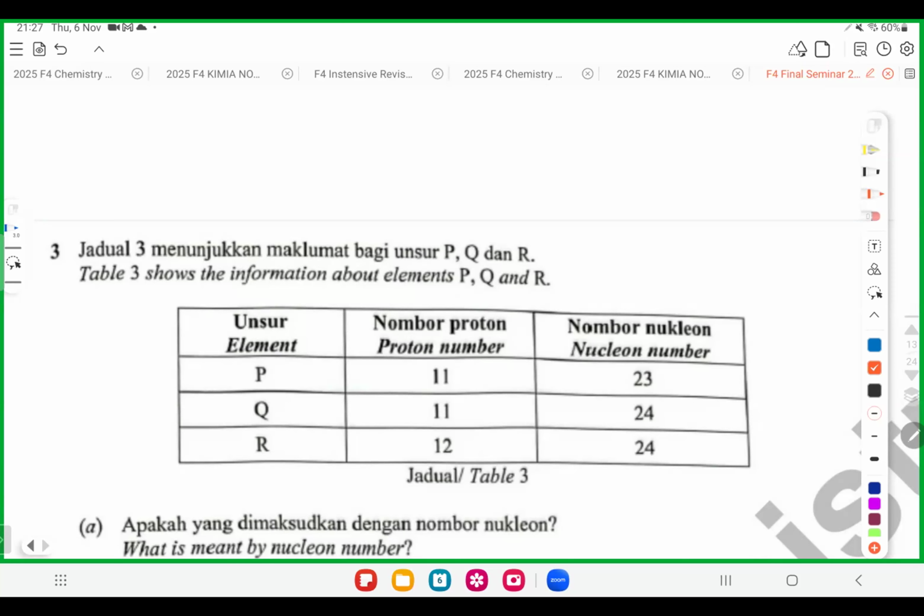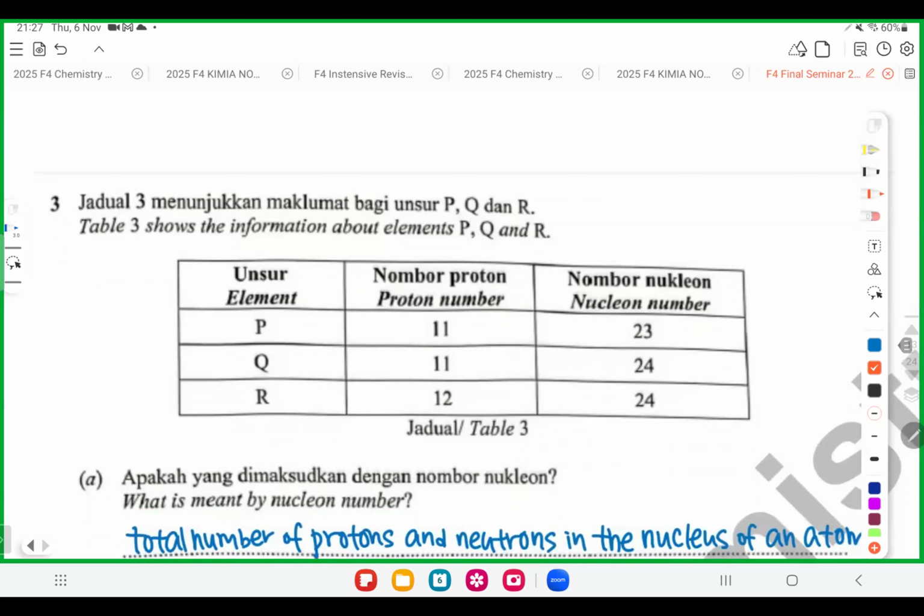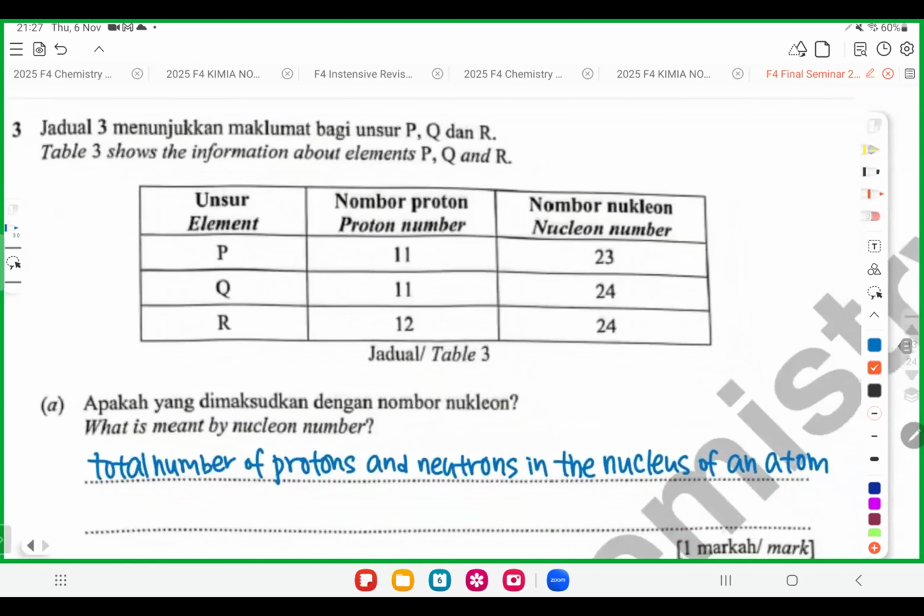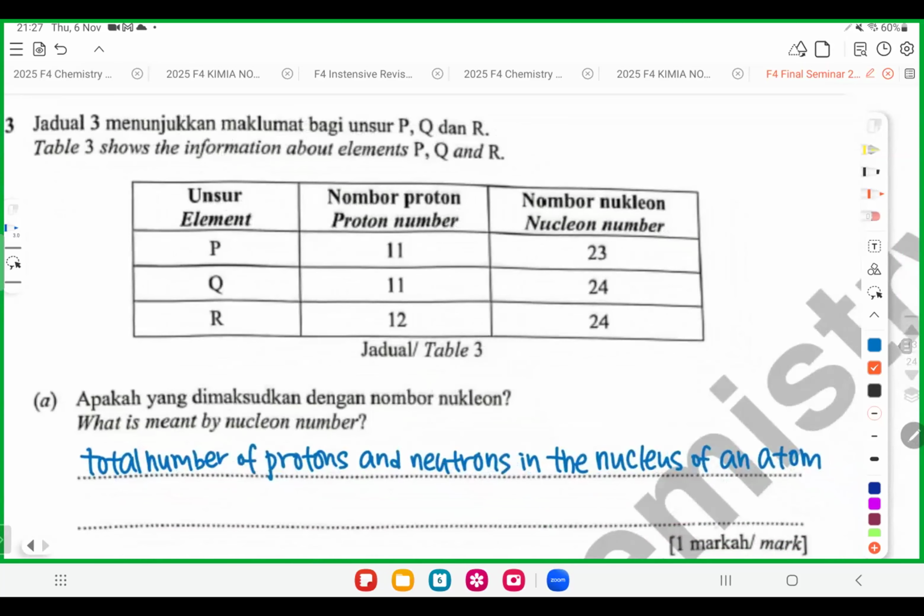Okay, for this question, I can see more students get it correctly. Okay, so what is nucleon number? Nucleon number is the total number of protons and neutrons. And you must write, okay, in the nucleus of an atom.